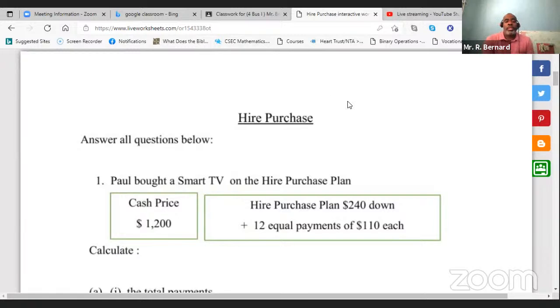Okay, all right. Another company that offers goods on hire purchase. Anybody else that knows a company that offers goods on hire purchase?